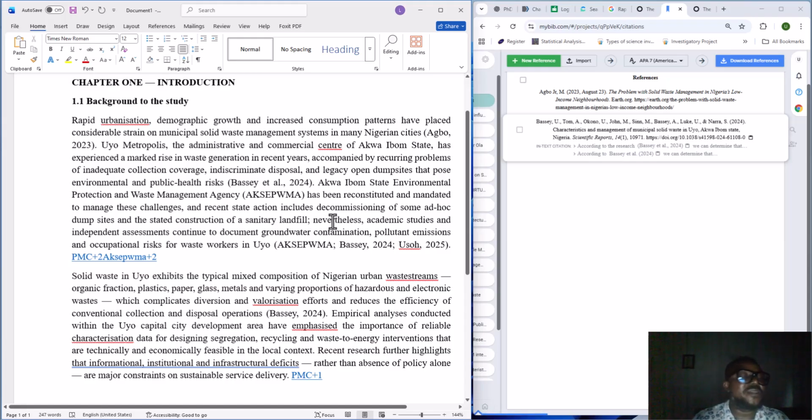Nevertheless, academic studies and independent assessments continue to document groundwater contamination, pollutants emission, and occupational risk for waste workers in Akwa Ibom State. Who is saying this? If he says it's ACSEP-WAMA, he's saying something. Let us verify all these sources.